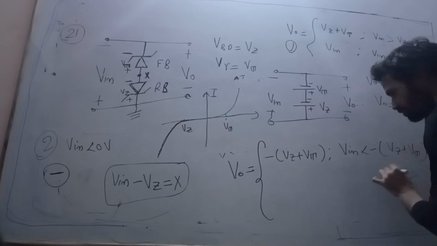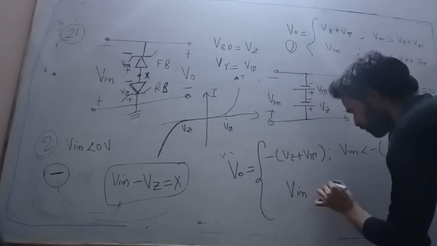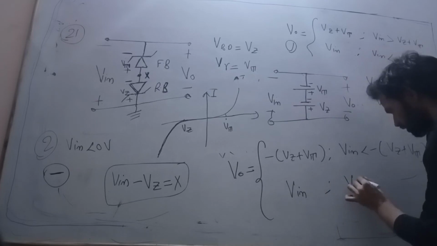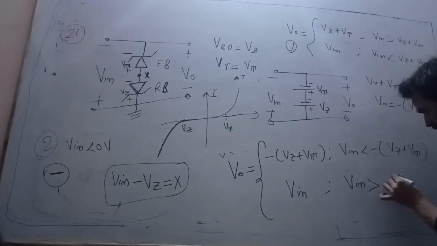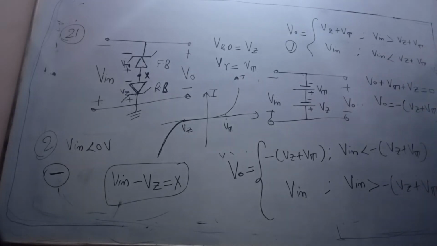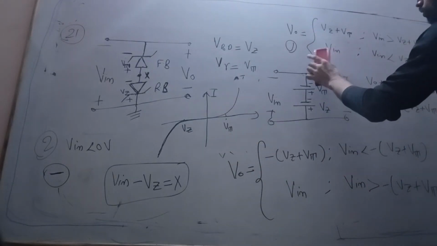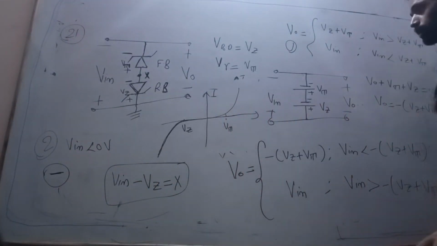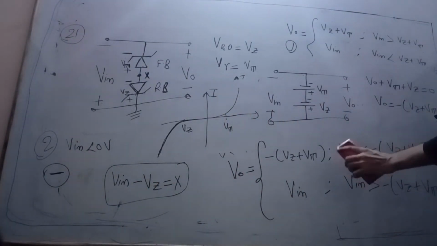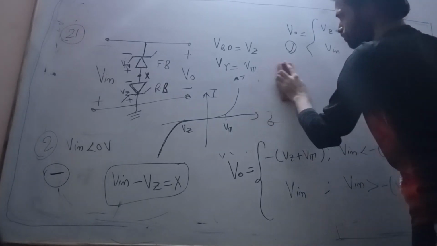Yes, and it is V in when V in is greater than minus Vz plus Vt. Okay, so this is about output voltage when V in is positive and when V in is negative. So now we will draw the characteristic graph for this.